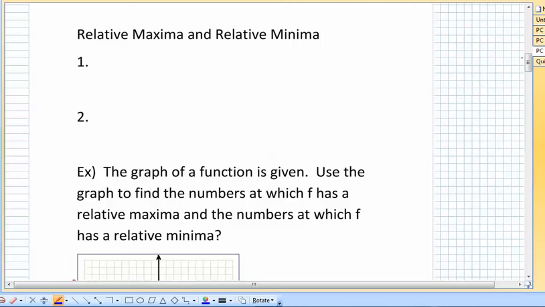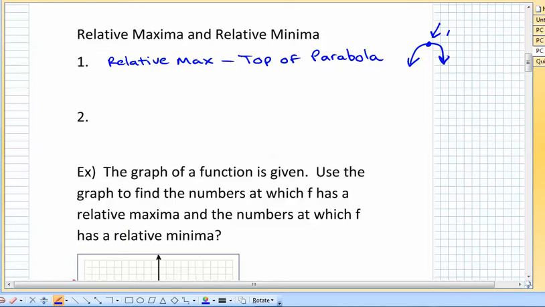Now, the concept of a relative maximum and minimum value. The relative maximum value is basically the top of the parabola. That's the highest point. So if you have a parabola that faces downward, the top is the relative max.